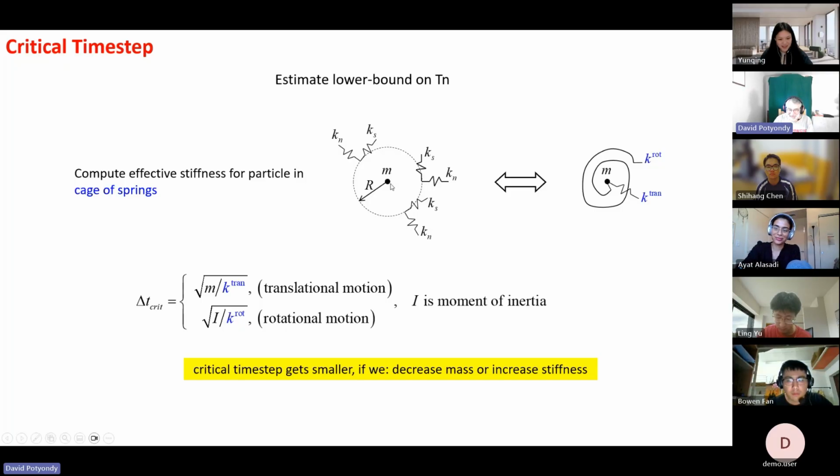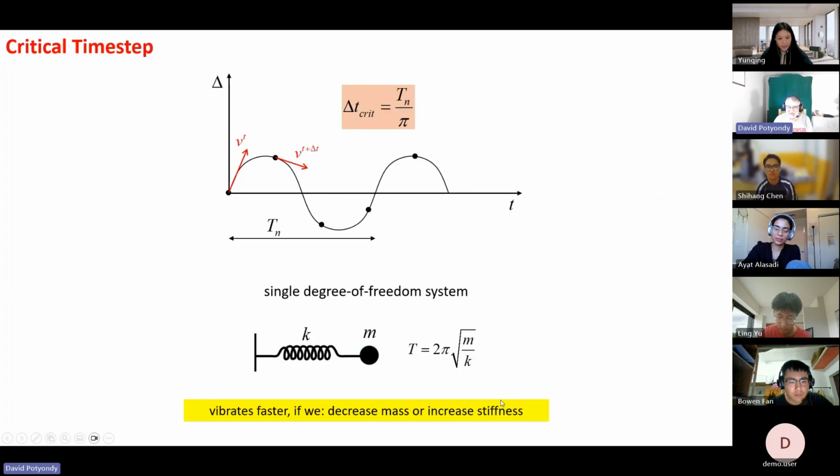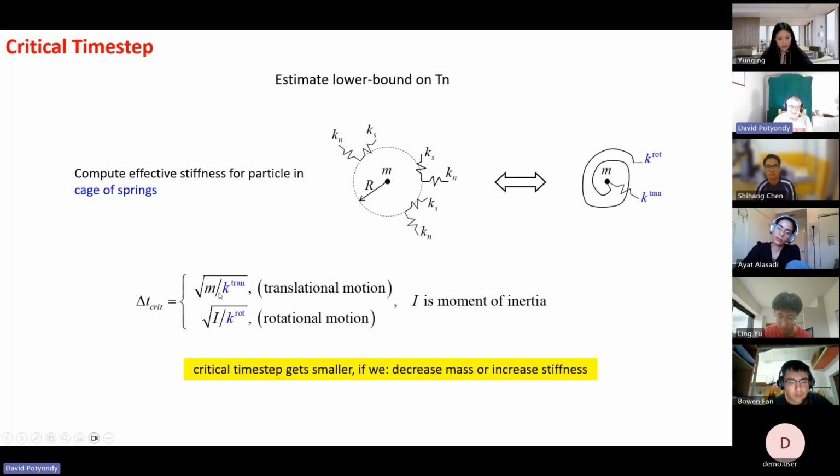So for a mass, we can estimate then, notice critical time step. It's related to the square root of mass over stiffness. Mass over effective stiffness, right? So this is what we're going to do.